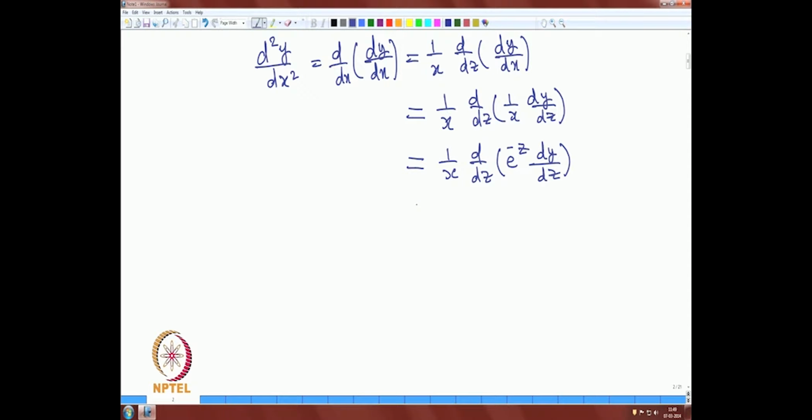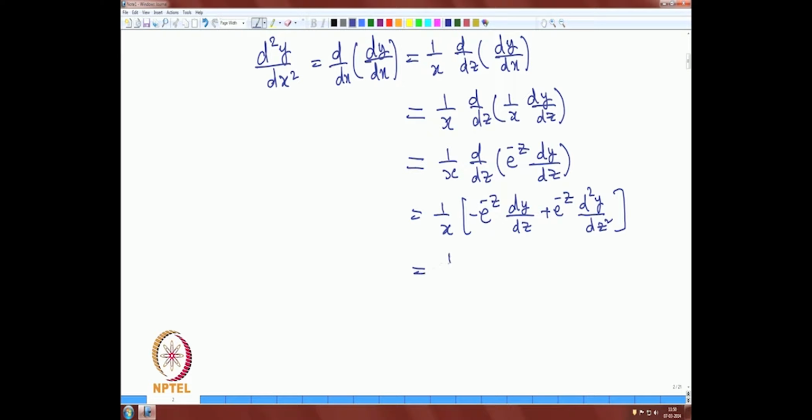This gives me 1 by x into minus e to the power minus z, applying the product rule, dy by dz plus e to the power minus z times d square y by dz square.